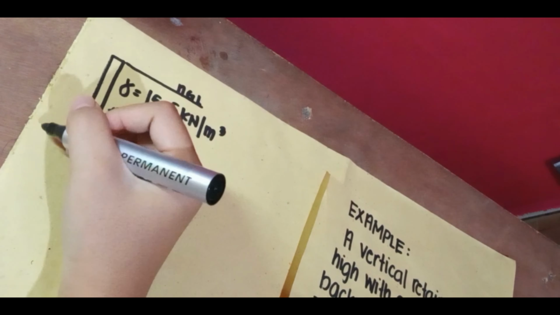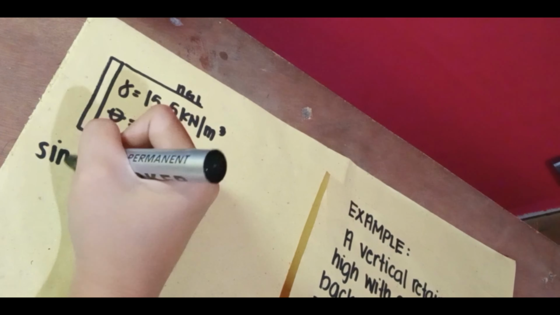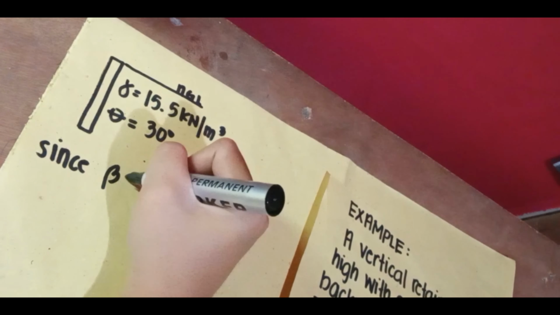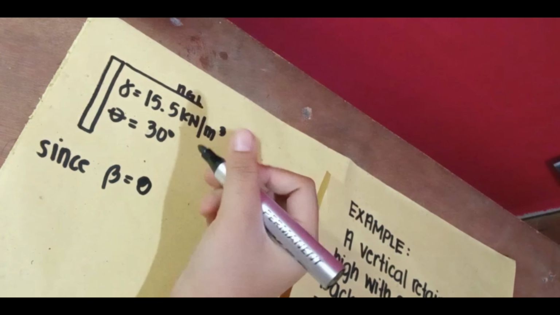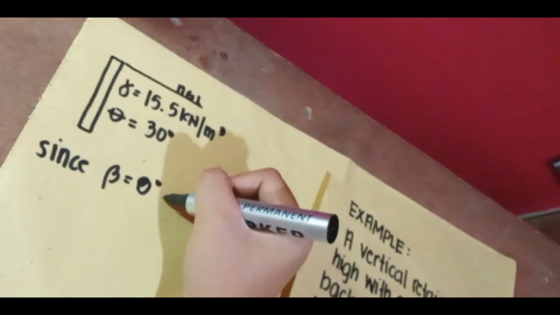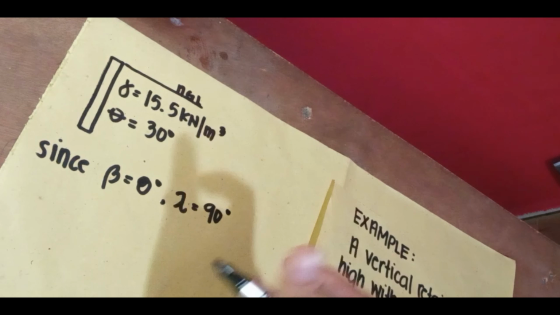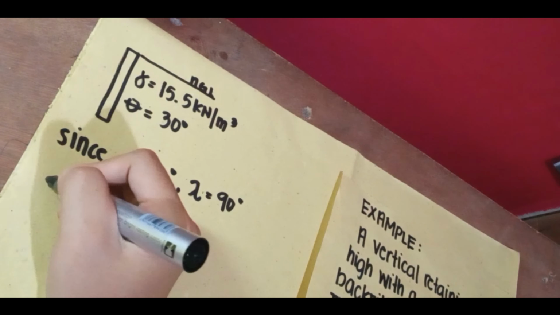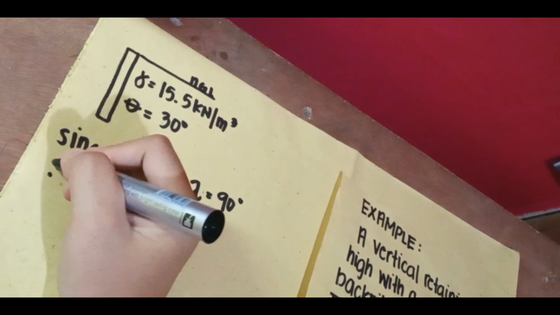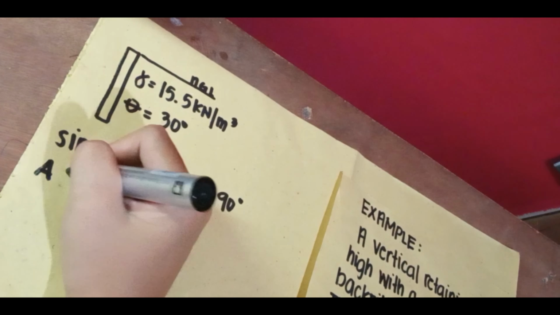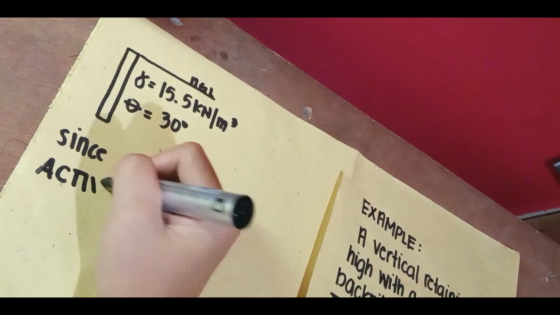So, since beta is equal to 0 degrees, and lambda is 90 degrees, the formula we will use is for active pressure. So let's solve for the active pressure first.